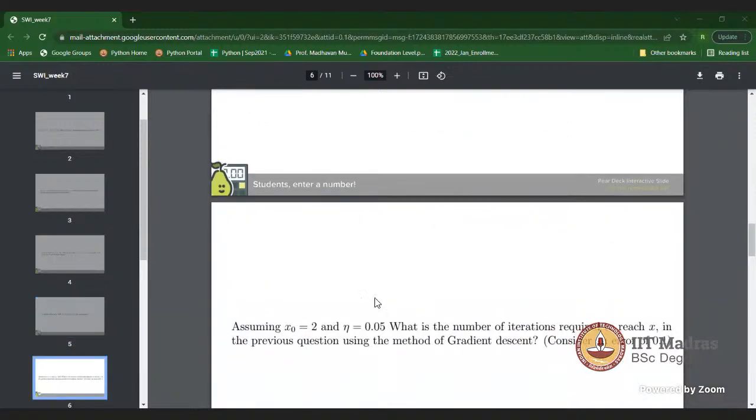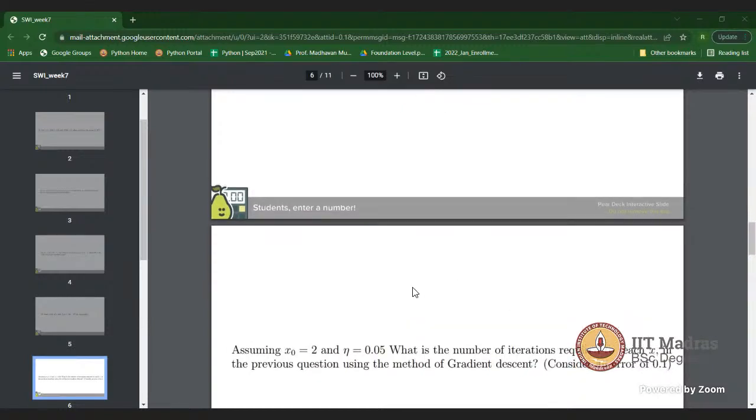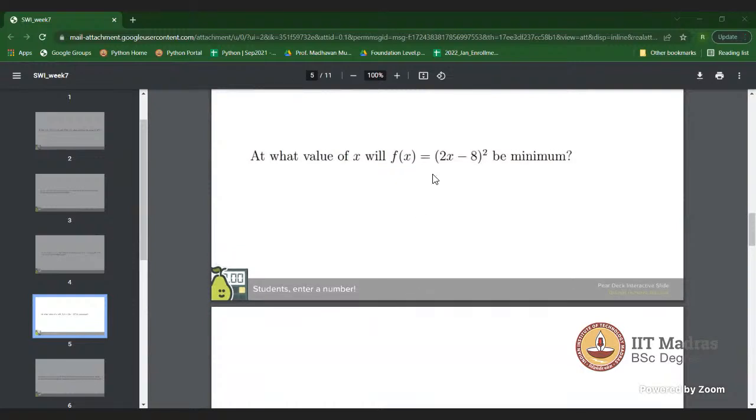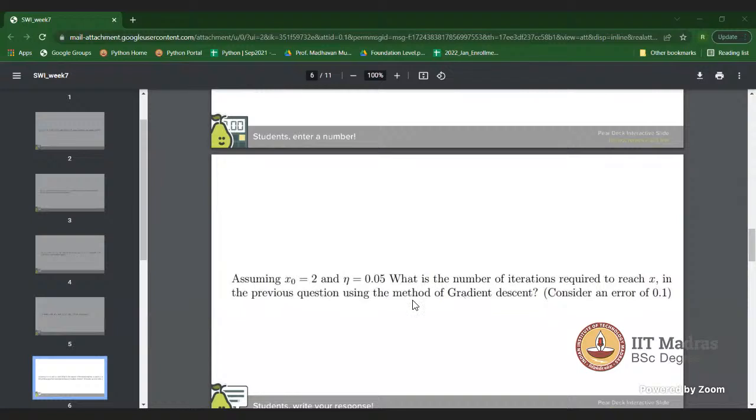I'm assuming the initial solution x0 as 2, and after how many iterations will I arrive at 4 using gradient descent? You can consider an error of 0.1, that is, if your answer is within the range of 3.9 to 4.1, then you can stop and conclude that we had a solution.